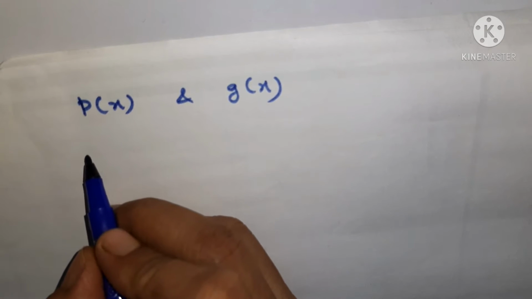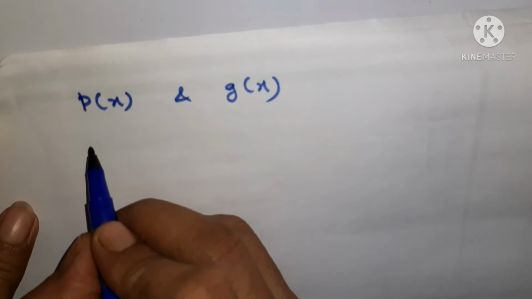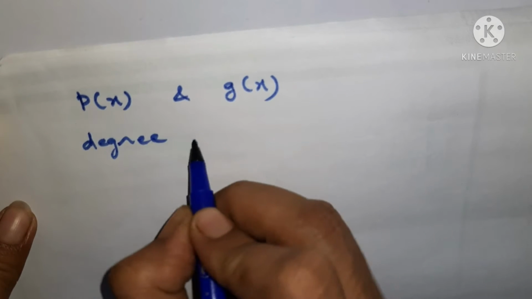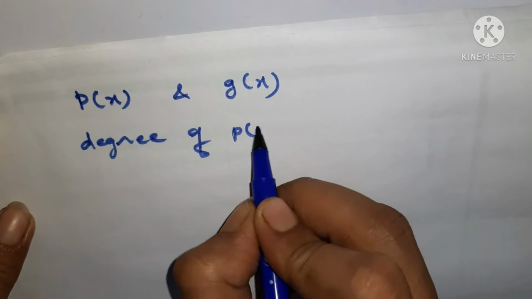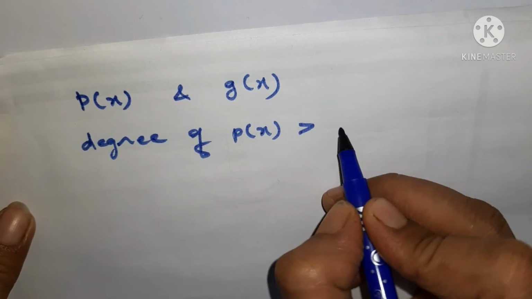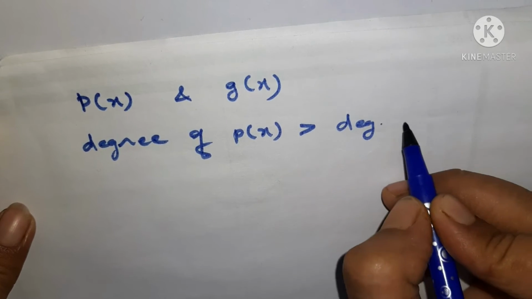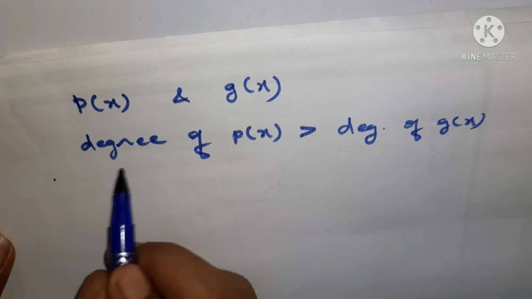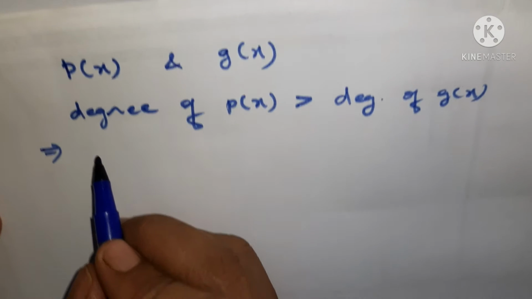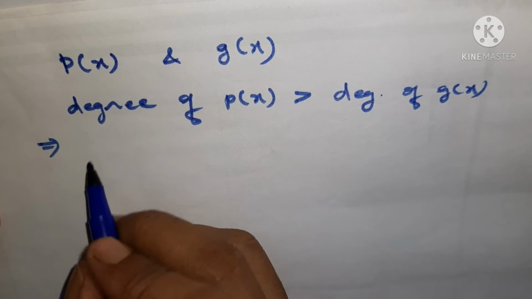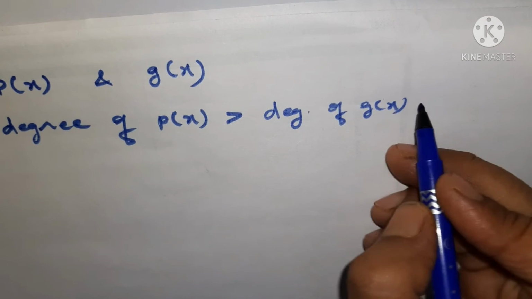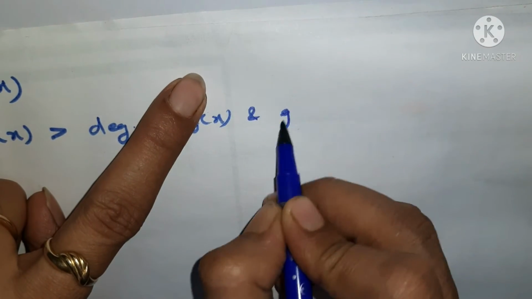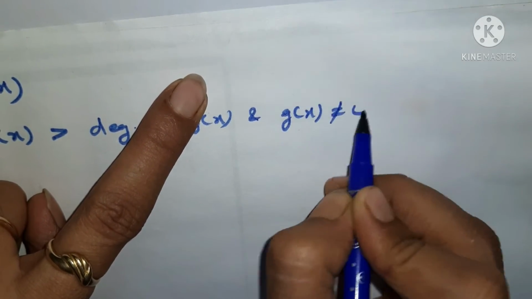The degree of px is greater than the degree of gx. Then in this case, we can find two other polynomials. Also one more condition is that gx is not equal to 0.